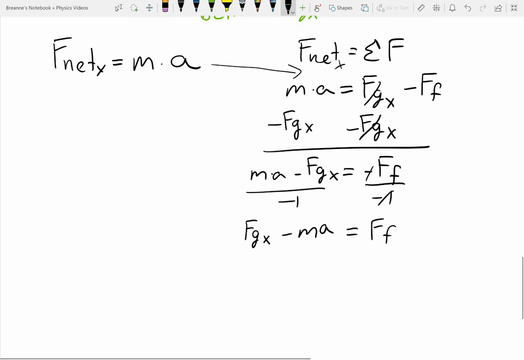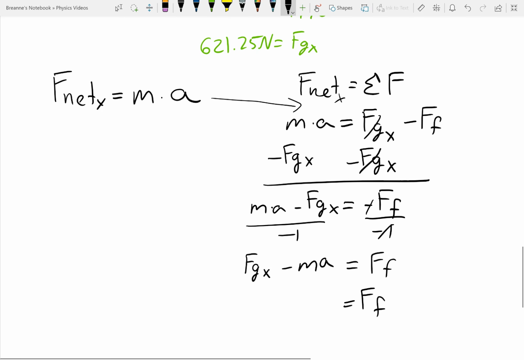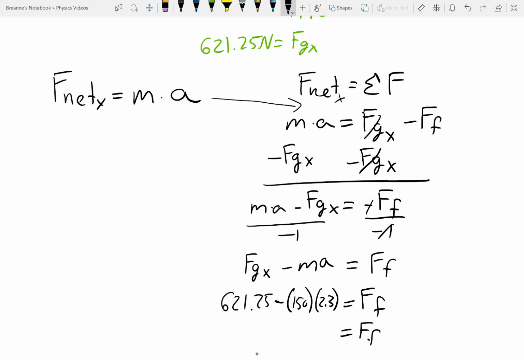I just flipped it because that becomes positive, that becomes negative. And you plug in what you got. So for force of friction, your force of gravity in the x was 621.25. Your mass was 150. Your acceleration was 2.3. So then you get your force of friction to be 276.25 newtons.